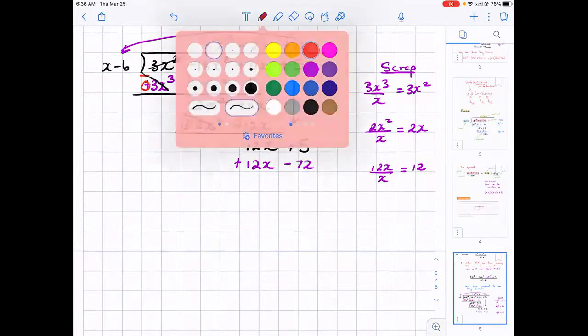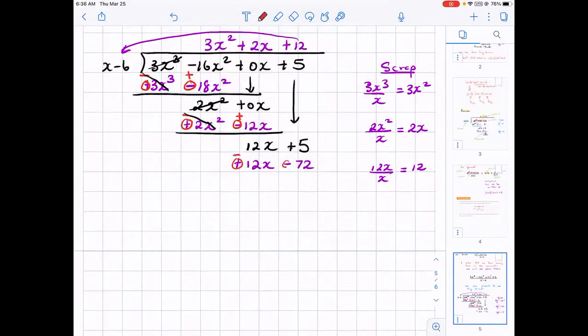Don't forget, we have to change our sign, so this is a minus, this becomes a plus. So 5 plus 72 becomes 77, and this cancels with that. And there's nothing else to bring down. So this here is my remainder.